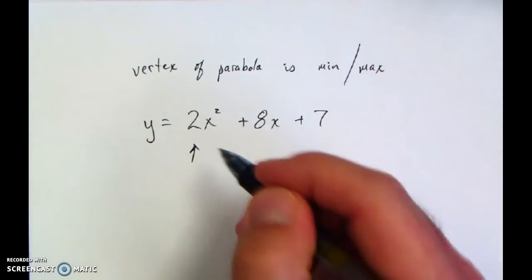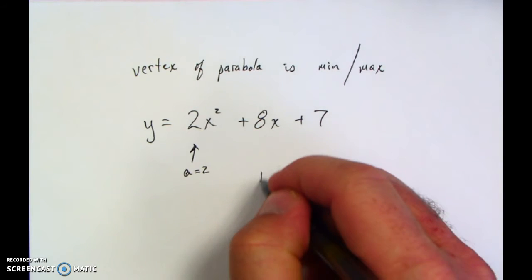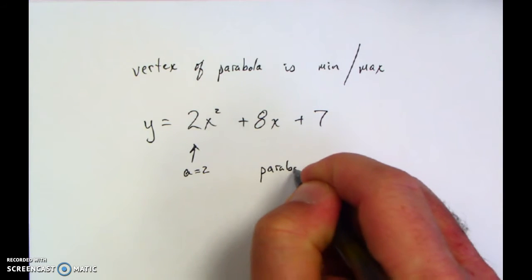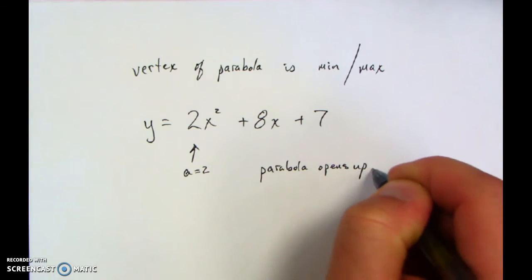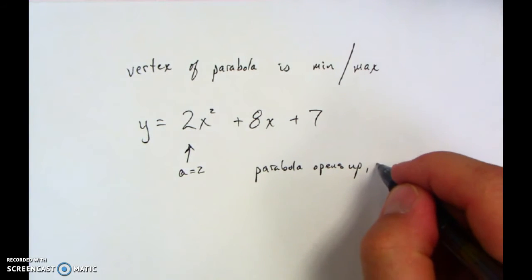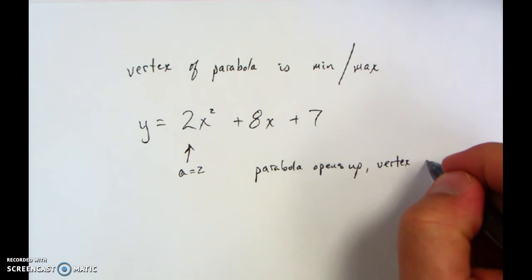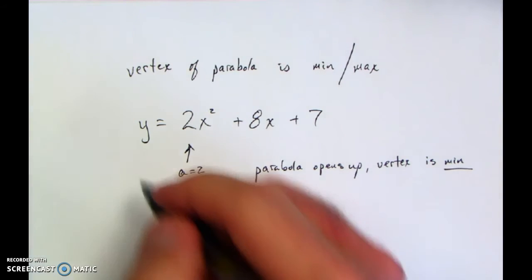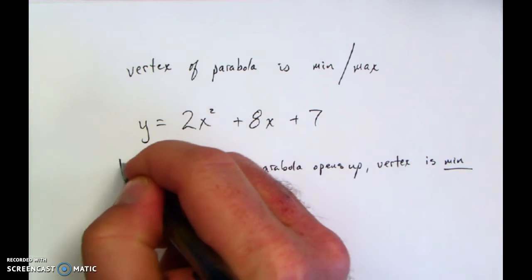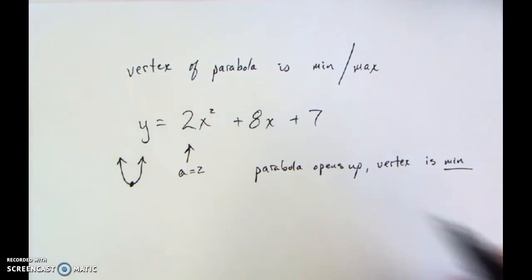Again, here's our a value. A equals 2, so we know that the parabola opens up. And that also tells us that our vertex is a minimum value. Because we know that the parabola is opening upwards, so then our vertex is right down here. That would be a minimum.